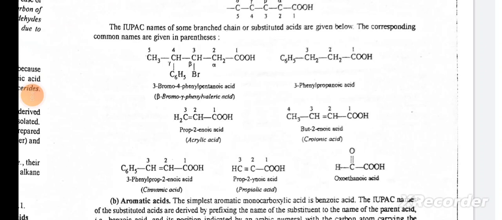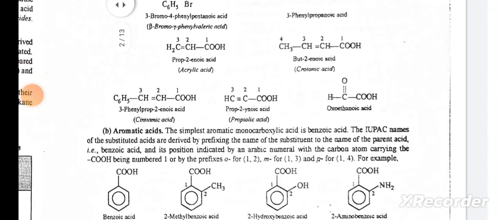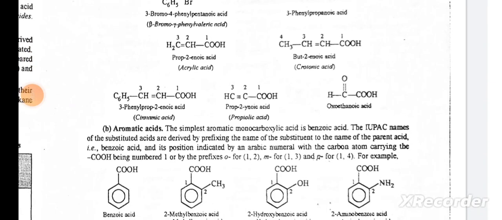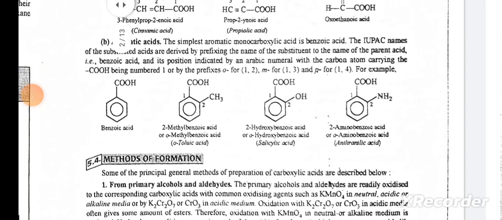3-bromo-4-phenyl pentanoic acid, 3-phenyl propanoic acid, prop-2-enoic acid, but-2-enoic acid, 3-phenyl prop-2-enoic acid, prop-2-ynoic acid, oxoethanoic acid. Aromatic acids. The simplest aromatic monocarboxylic acid is benzoic acid.